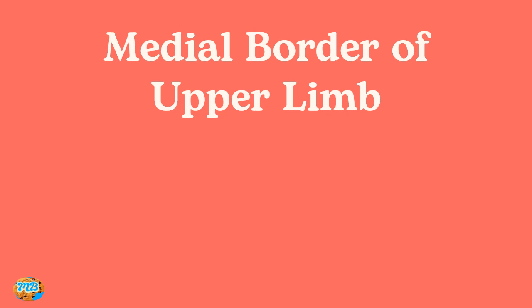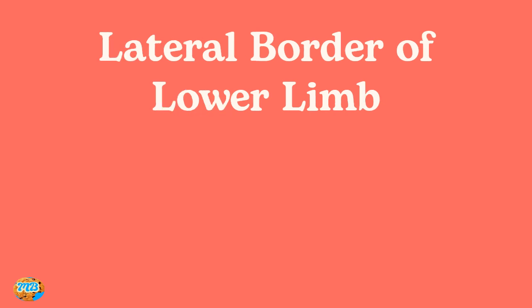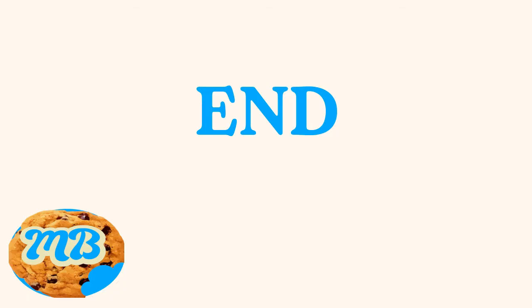Medial border of upper limb. So using the mnemonic, you are too fast, that is the ulnar region of the upper limb. Lateral border of the lower limb, once again using the mnemonic, you are too fast, the fibular region is the lateral border of the lower limb.